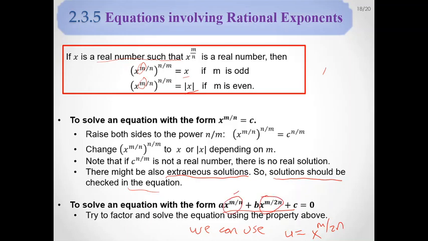When you look at this, this is x to the m over 2n, squared. So it's squared, the 2s cancel out, and we get this one. So we have the middle term, and it's squared here, so it looks like a quadratic equation, and we will use the properties of quadratic equations to solve it. Anyway, you will see it in the example.